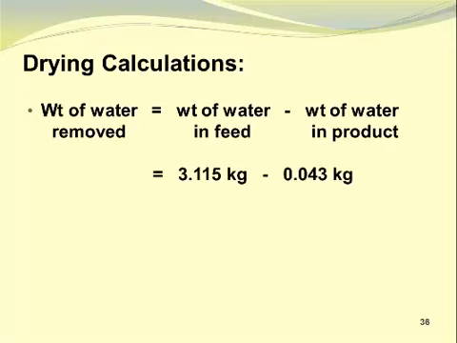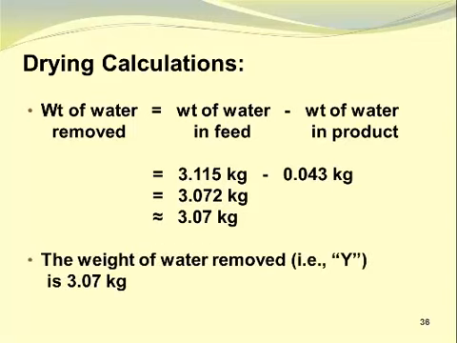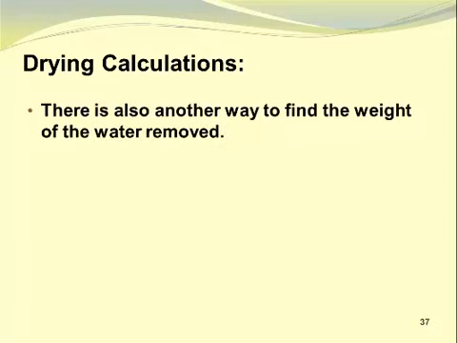That's equal to 3.115 kilograms minus 0.043 kilograms. So we have to remove 3.072 kilograms of water, which is approximately equal to 3.07 kilograms of water. So the weight of the water removed, which is Y, will be equal to 3.07 kilograms.